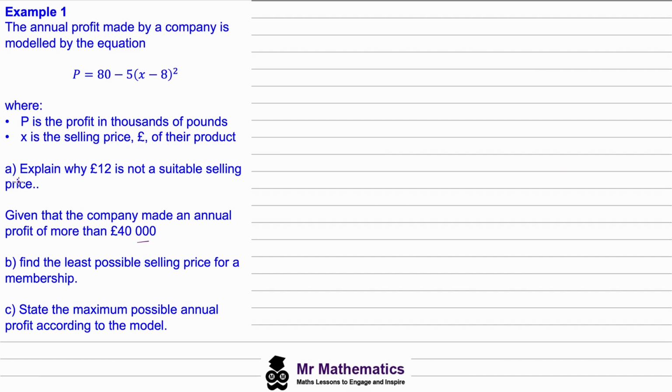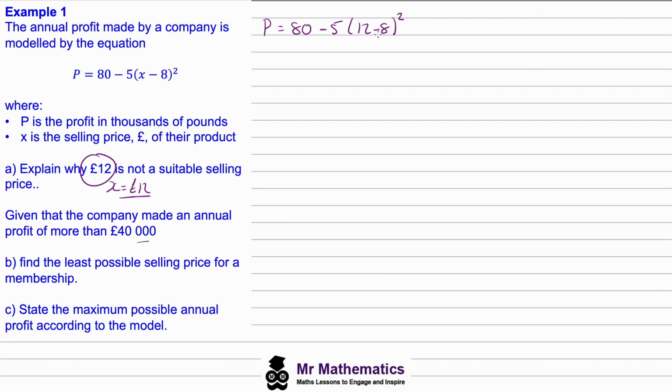For part A, we've been asked to explain why £12 is not a suitable selling price. So this £12 would be our x value. And if we substitute the £12 into our model, well, the profit will be equal to 80 minus 5 lots of 12 minus 8, and then this is squared.